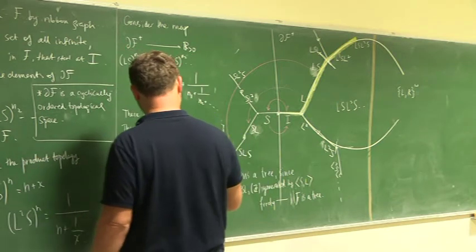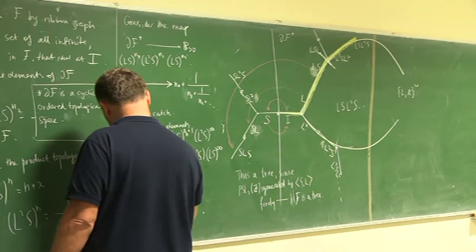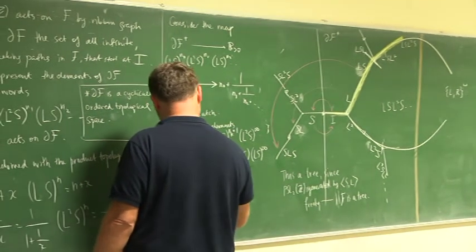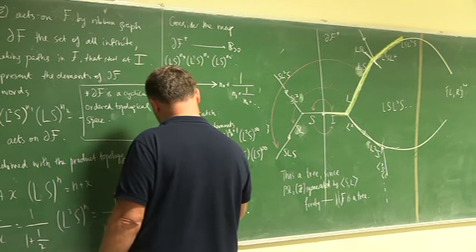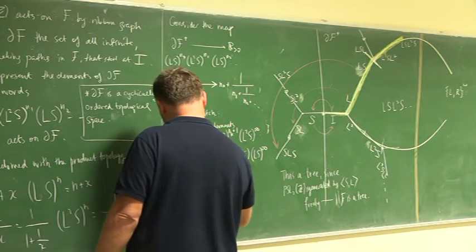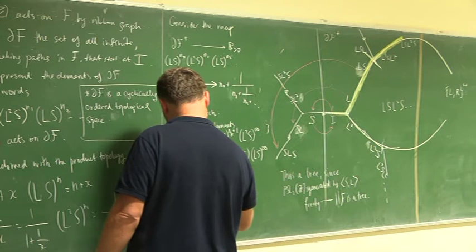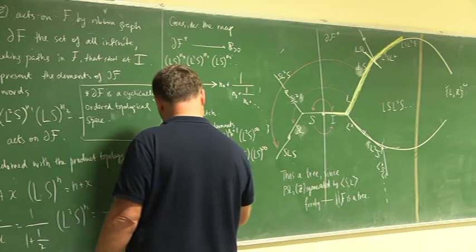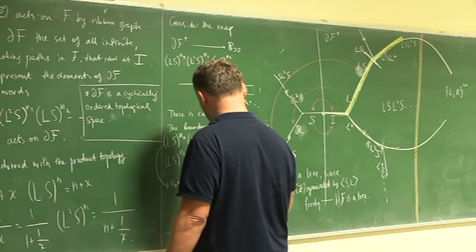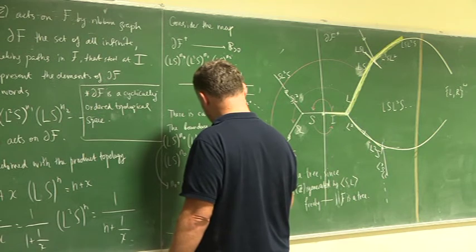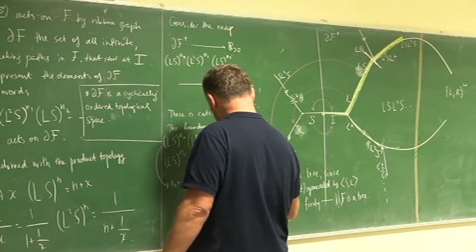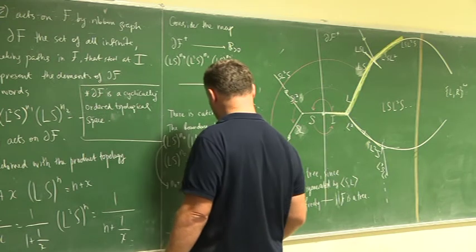So these boundary elements are sent to the continued fractions. This one is sent to the continued fraction n0 plus 1 over ... plus 1 over nk plus 1, and this is sent to the continued fraction n0 plus 1 over ... nk plus 1 over 1.